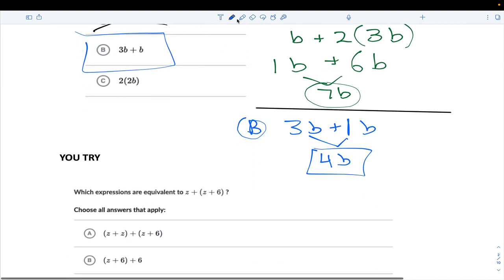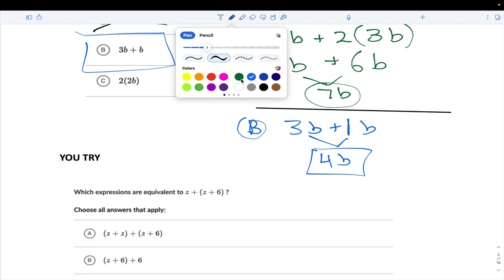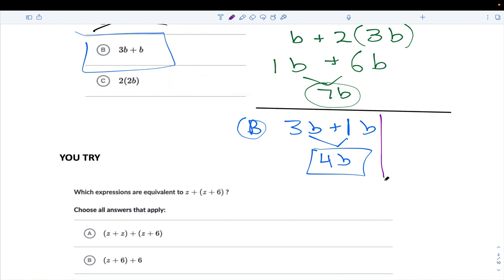So let's go to C and see if that one is the answer. C. A lot of C's and B's, my goodness. Let's do purple. And let's jot it down here. 2 parentheses 2B. What does that mean if there's a number next to parentheses, Kiana? Then you multiply. 2 times 2B is what, Kiana? 4b.